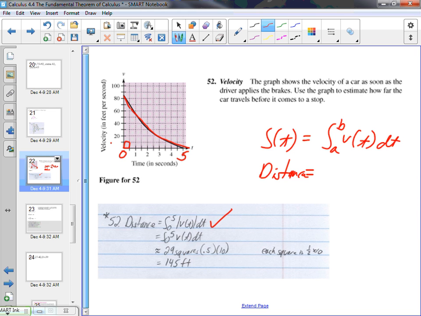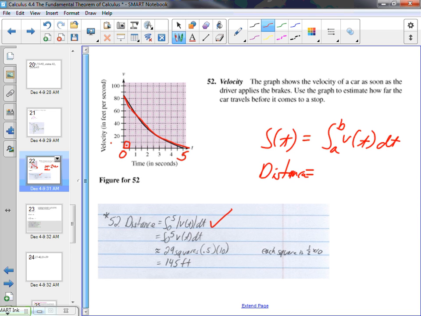So it doesn't matter if some parts of the area go over the line or under the line? As far as an estimation, no. I didn't worry about trying to make this a lower sum or an upper sum. I just counted squares. Here's what I did.